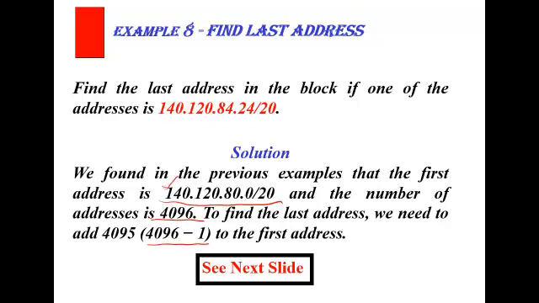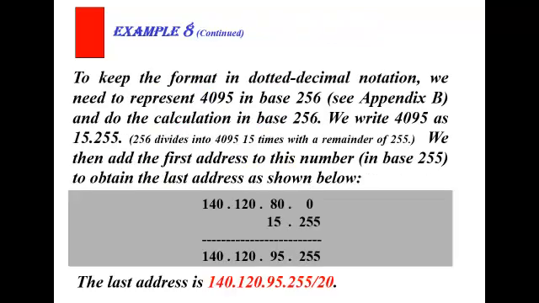Because 4096 includes this first address, which is given at the time of the allotment of the block, so minus 1. We have 4095 different addresses in a particular block which belong to this block. So now what will be the value of the last address? We have to find that out with the help of this number of addresses figure, which is 4095.